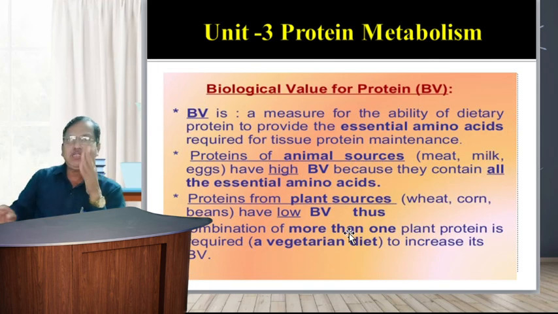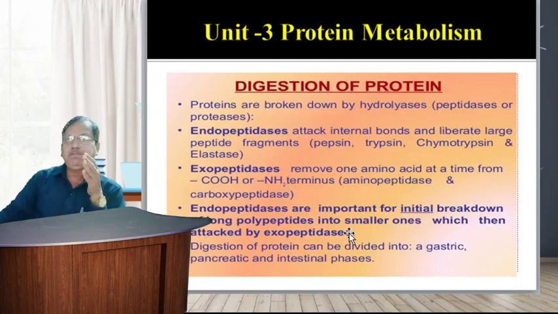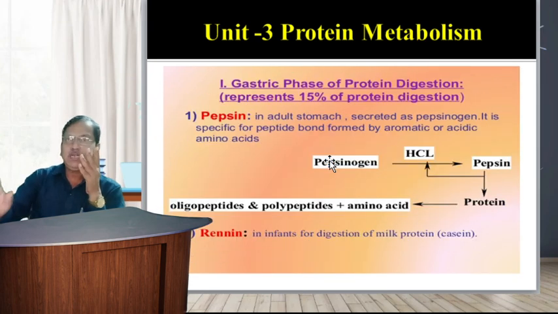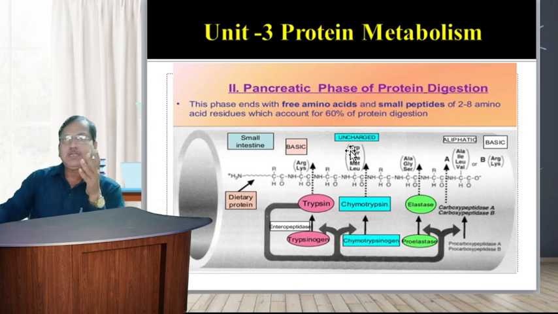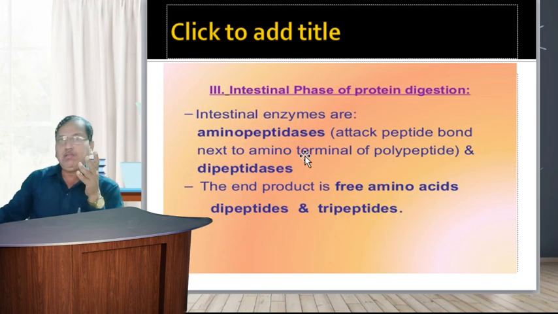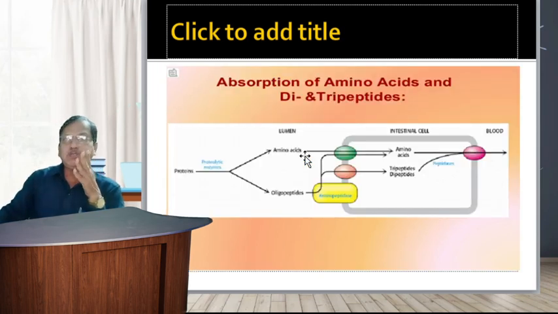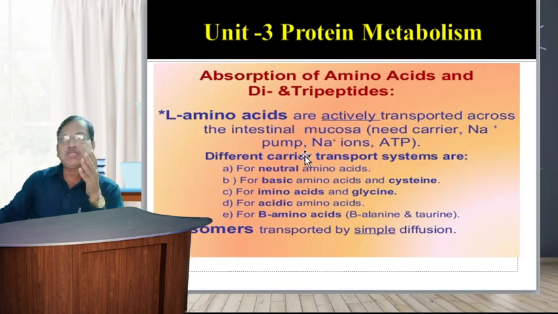Dear friends, the biological value of protein is also discussed in a specific way, as is protein digestion. The processes involving pepsin or renin make up the gastric phase of protein digestion, which is most important. This is the pancreatic phase of protein digestion in the schematic representation, and that is the intestinal phase of protein digestion, followed by absorption of amino acids. All these processes will be discussed in the next chapters.